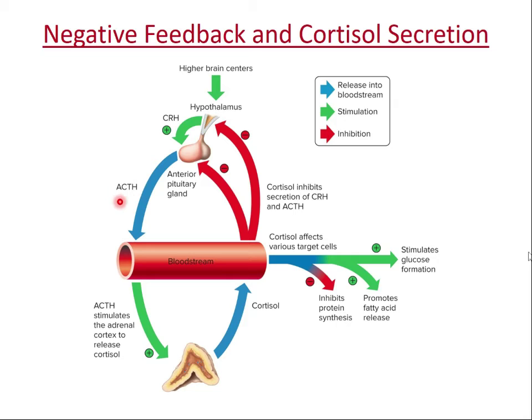Students will not really need to know these terms, but know the bigger picture here. ACTH will stimulate the adrenal cortex, the adrenal gland, to produce cortisol, which will then go into the bloodstream and inhibit protein synthesis, promote fatty acid release, and even stimulate glucose formation so that there is energy for the body. That will also have a negative feedback saying now we have enough, so stop producing these stimulating hormones.